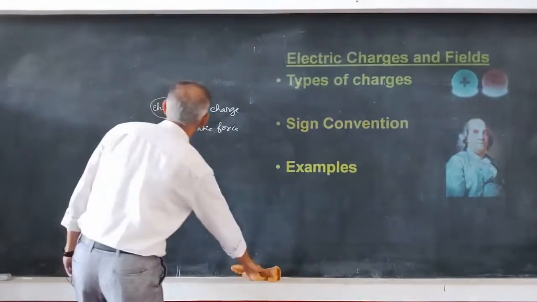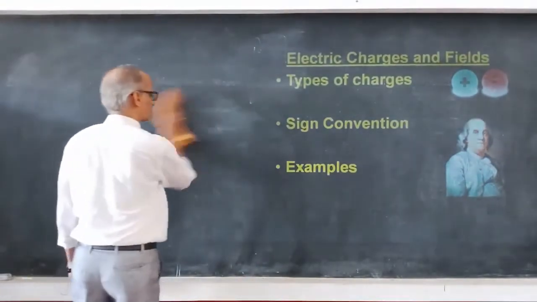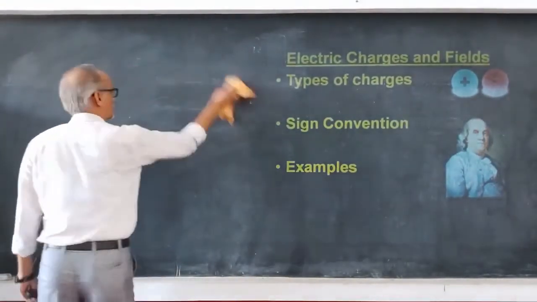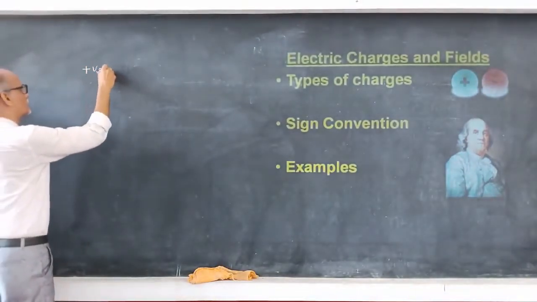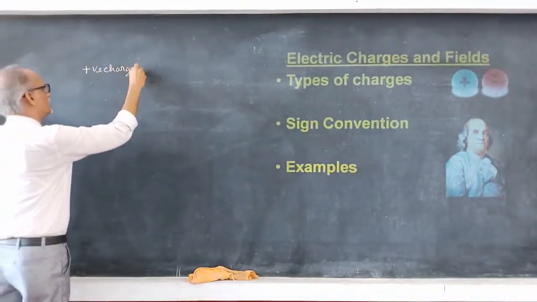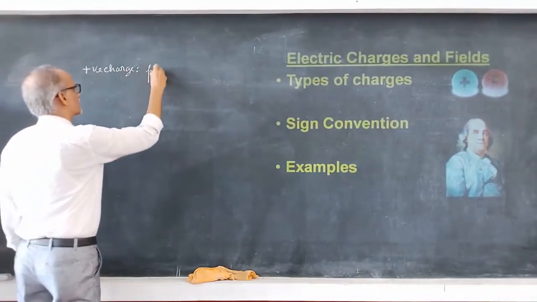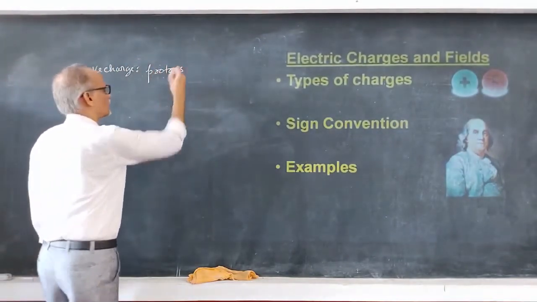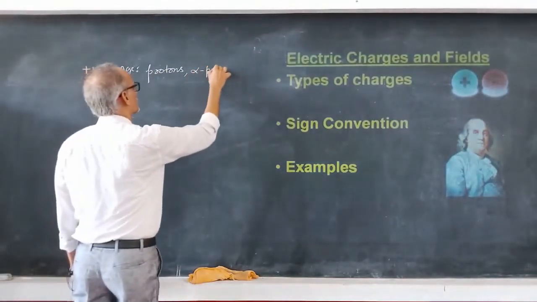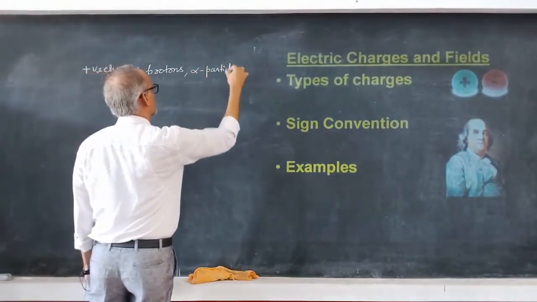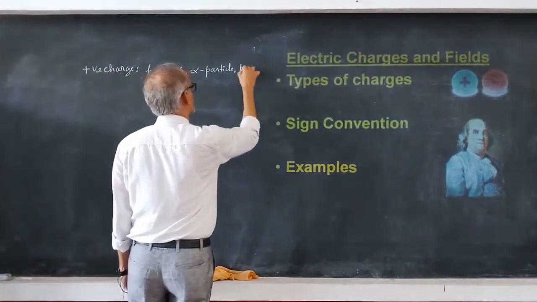Now, what are the examples for these charges? I am going to start with the positive charge. Examples for positive charge are protons, alpha particles, and positrons.